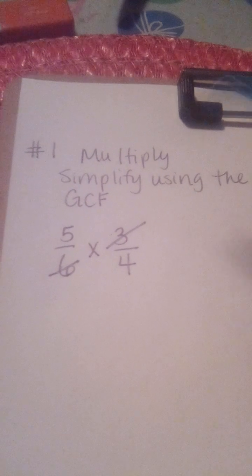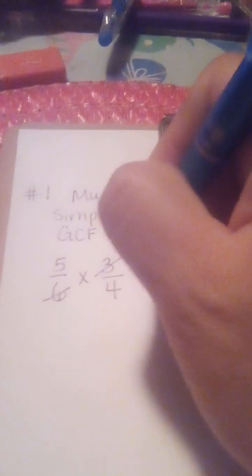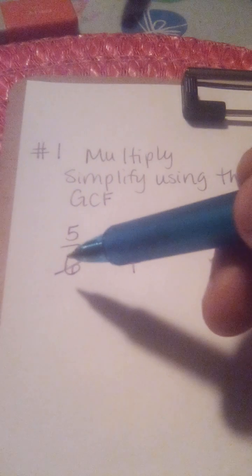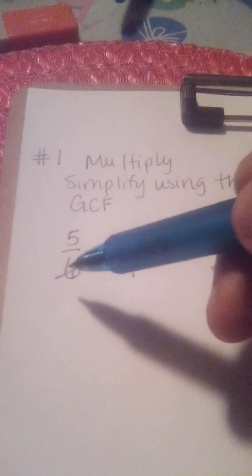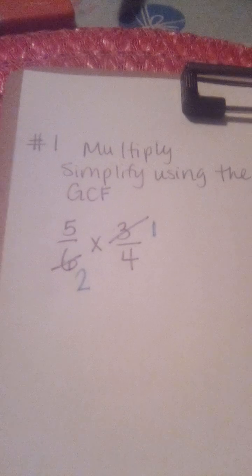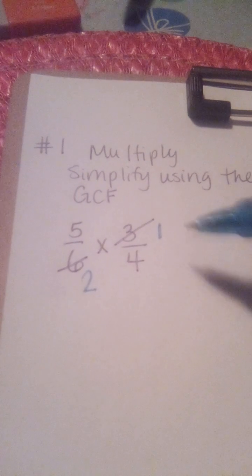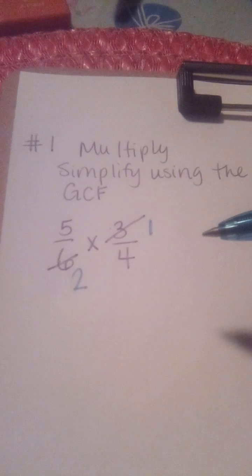Divide by 3. So 3 divided by 3, that gives us 1. 6 divided by 3, that gives us 2. There we go. We have the numbers reduced. Then let's multiply the numerator first.